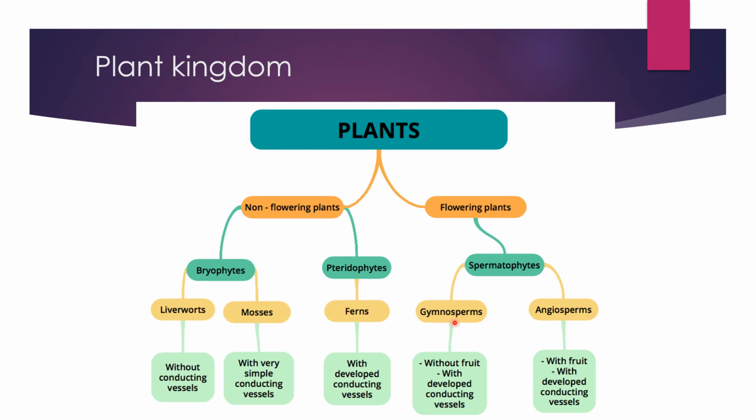Gymnosperms are like the pine, that means they have no fruit, and the angiosperms produce fruit. So these are the categories under the plant kingdom.